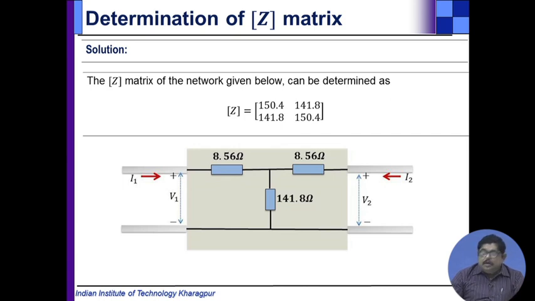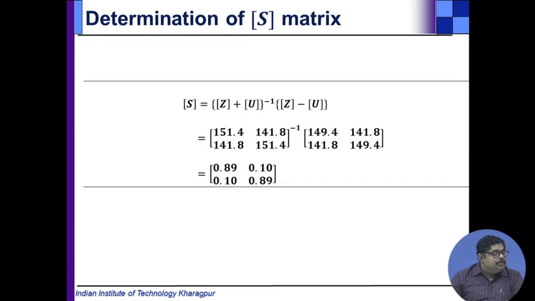This I think all of you know from your earlier knowledge how to find the Z matrix of a T network. So, this will be the Z matrix. Now, once you have found the Z matrix, you can use this formula S is equal to (Z plus U) inverse (Z minus U). So, do that, it is simple matrix algebra, and then it will become like this. You can see in some books these are wrongly given, but this is the correct answer.